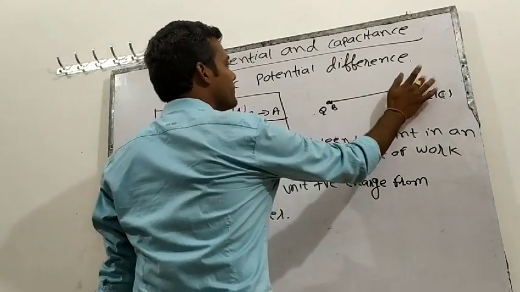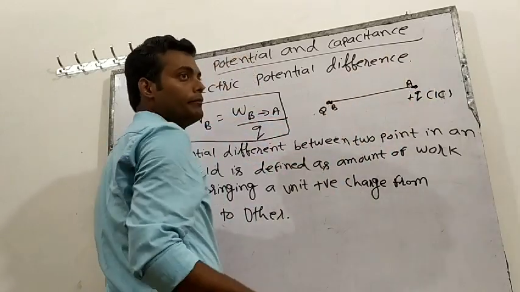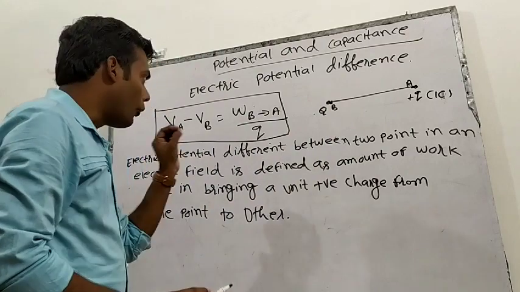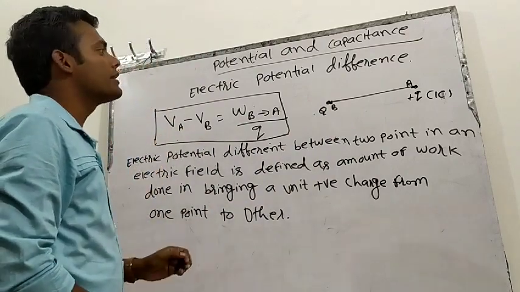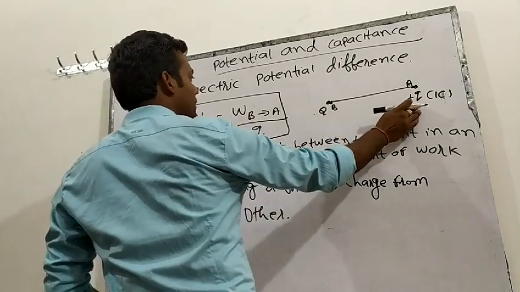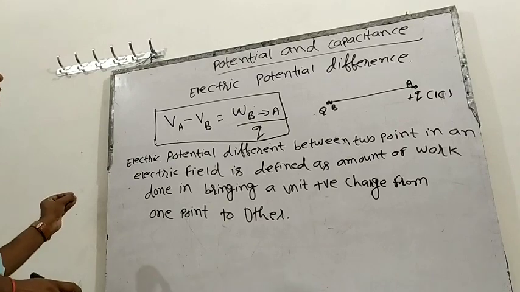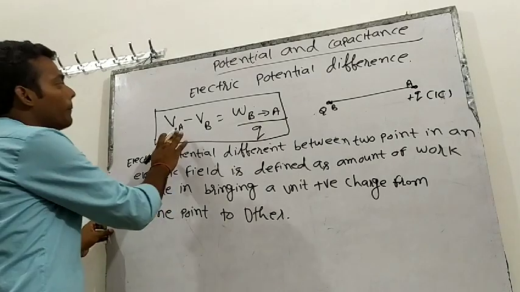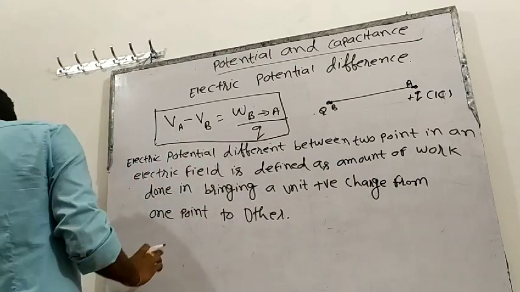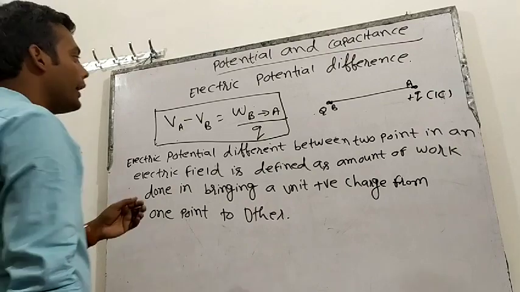Let's say our first point is A and I am bringing it from A to B, so A is my initial point and B is my final point. So potential difference is VA minus VB, which is equal to WBA by Q.